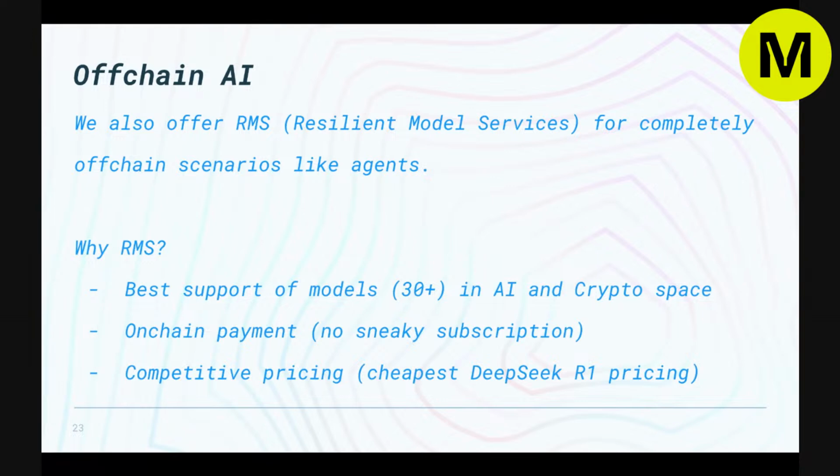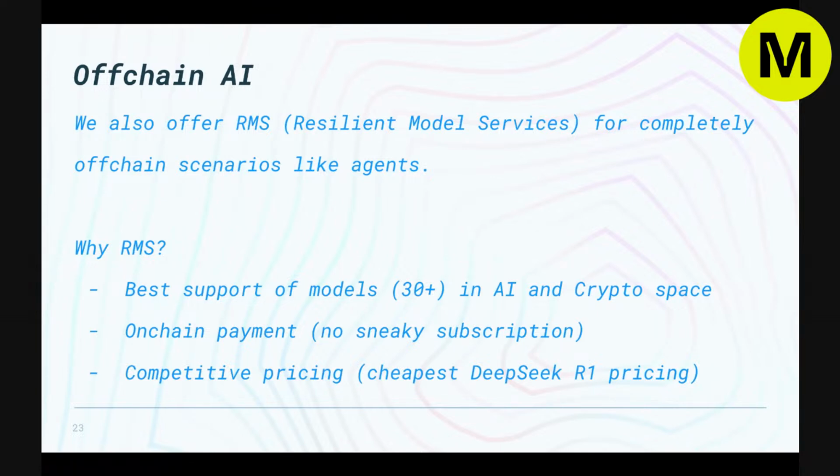And also, we briefly mentioned resilient model services at the very start of this workshop. Because we are finding our path to on-chain AI applications, we will also offer some infrastructure if people don't really want that complex or that kind of quote unquote on-chain application.